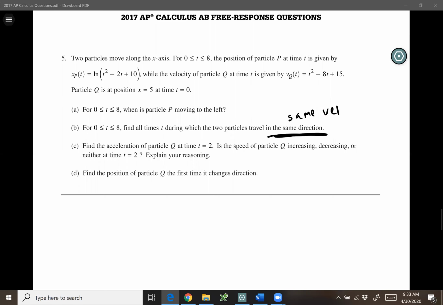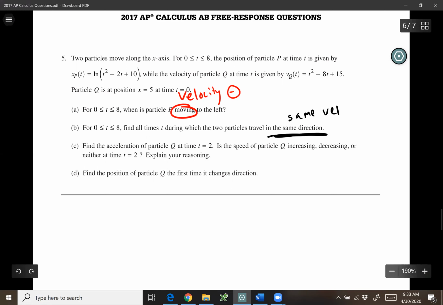Okay, position doesn't have to be negative to be moving left. Something else has to be negative. So moving is not position. Yeah, so moving left means that the velocity needs to be negative.